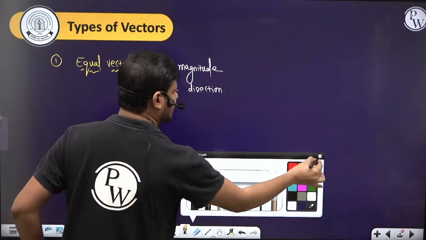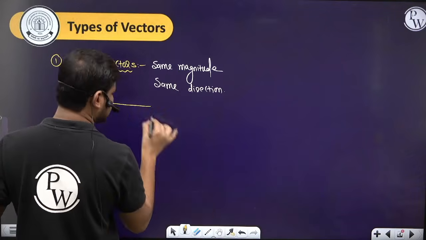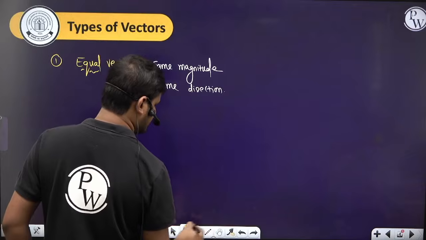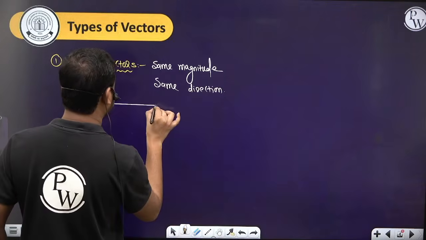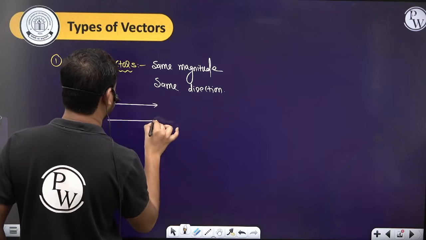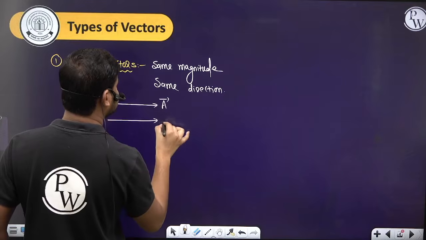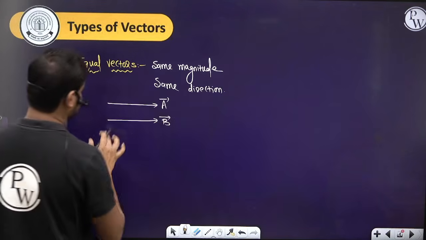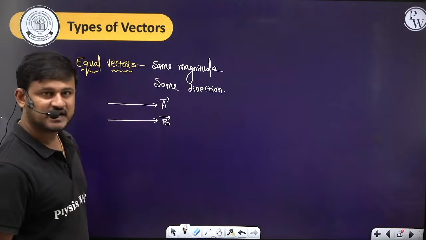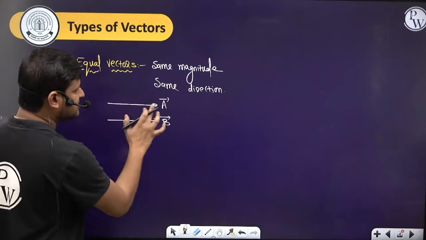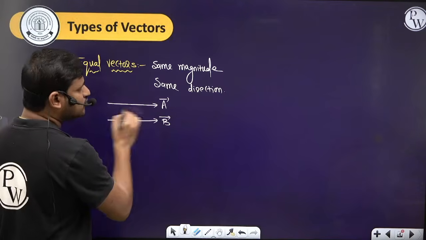Let's say this is vector A, and let's say this is vector B. If you observe, these two vectors have the same magnitude, right? Their length represents the magnitude and the arrow represents the direction.